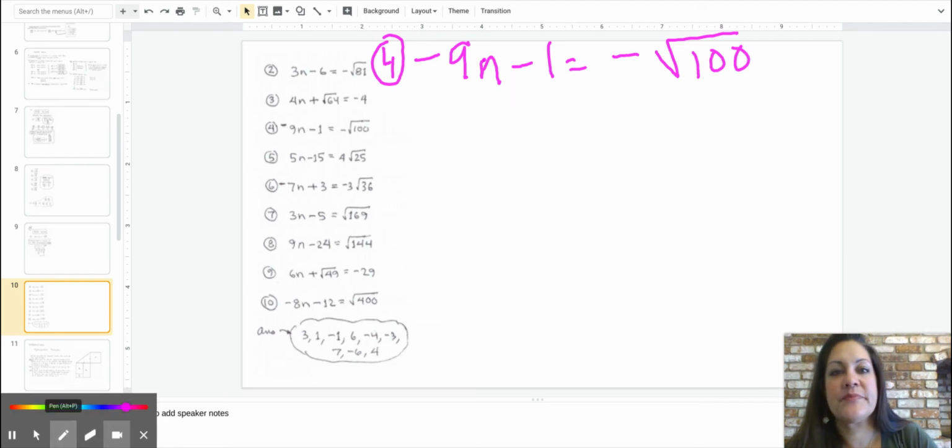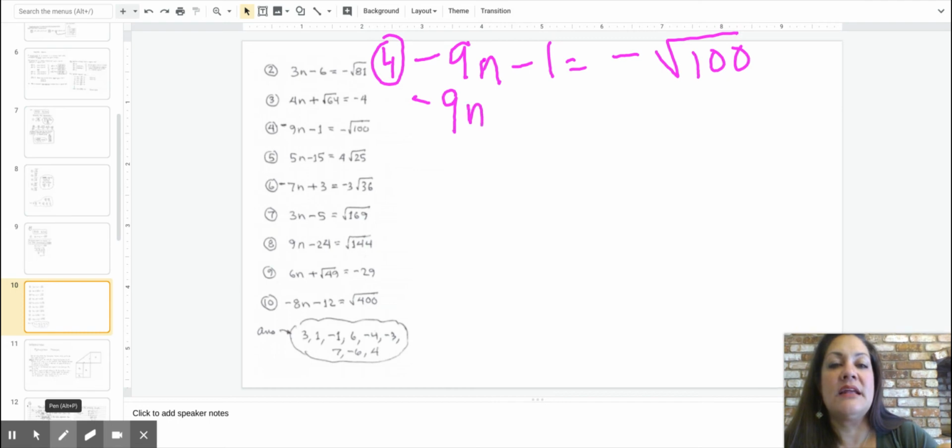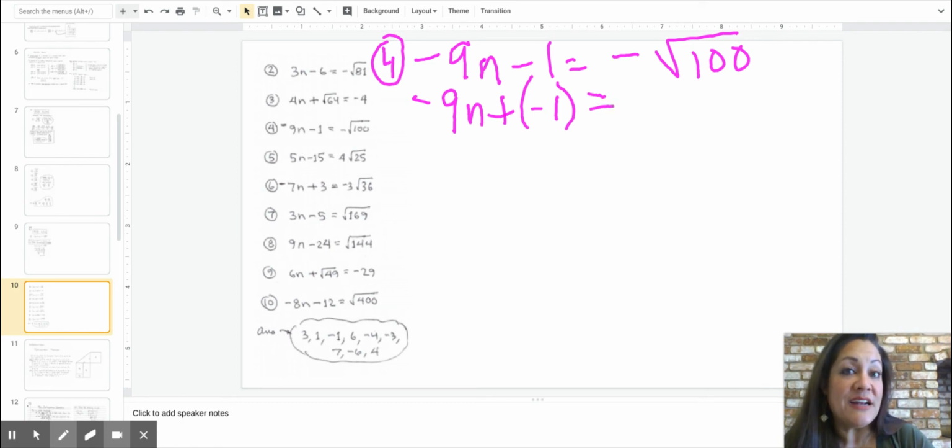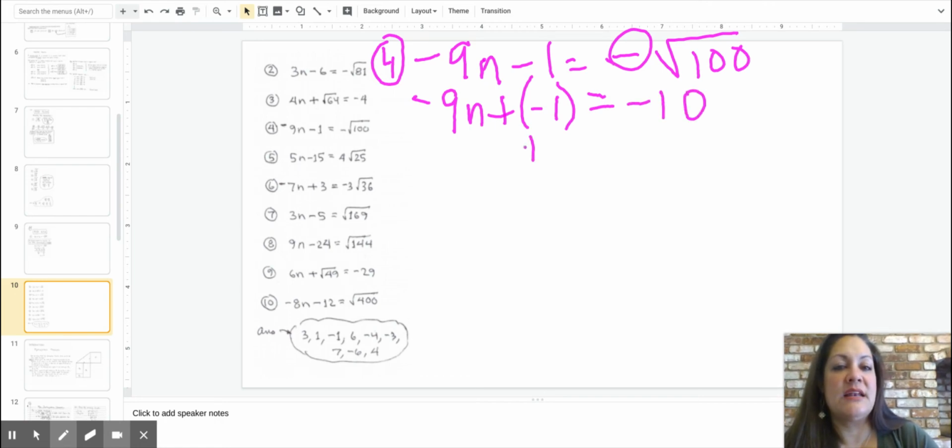Okay, so I'm going to do a couple things in this first step. I'm going to rewrite negative 9n plus a negative 1 equals square root of 100 is 10, and I know it needs to be negative, so it'll be negative 10. Now I'm going to add 1 to each side.